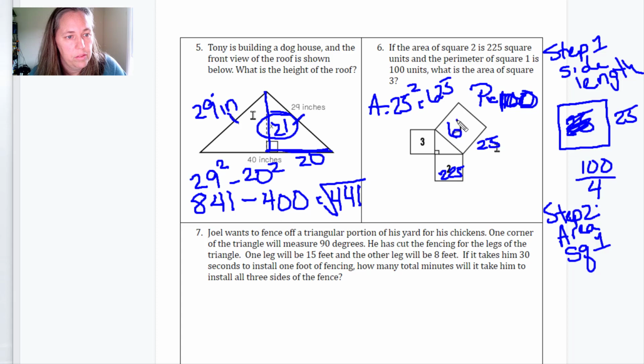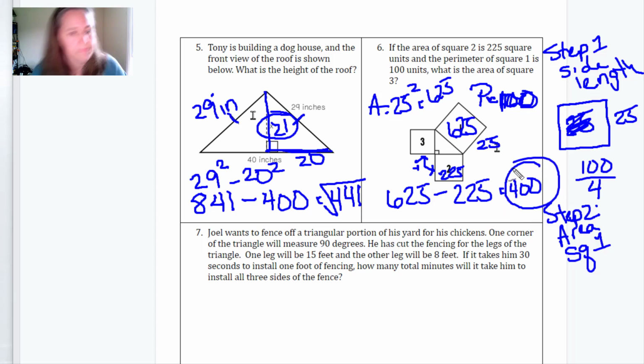And then step 3, the area of the leg squares added together gives you the area of the hypotenuse squared. So to get the area of the leg square, we have to subtract. So this is 625 minus 225 is 400. So the area of square 3 is 400.